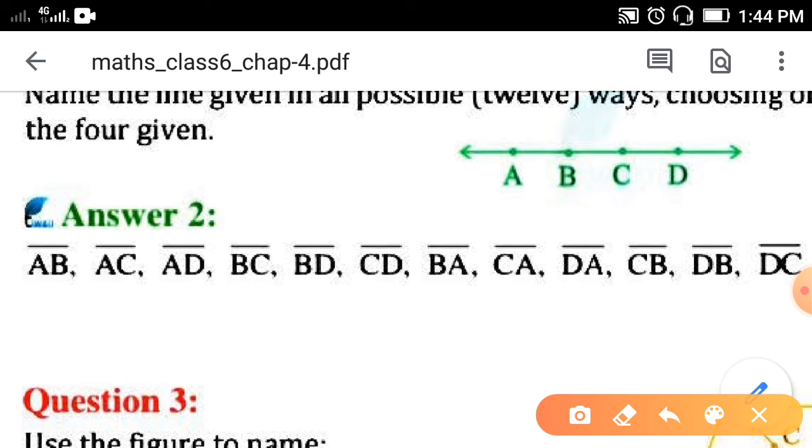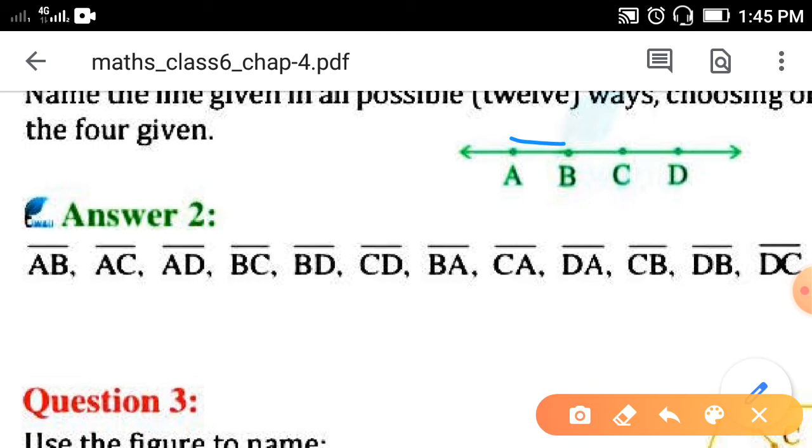Next BA, CA and DA. That is also possible. Then CB, DB and DC. You can also write randomly, but that 2-letter name should come only one time.